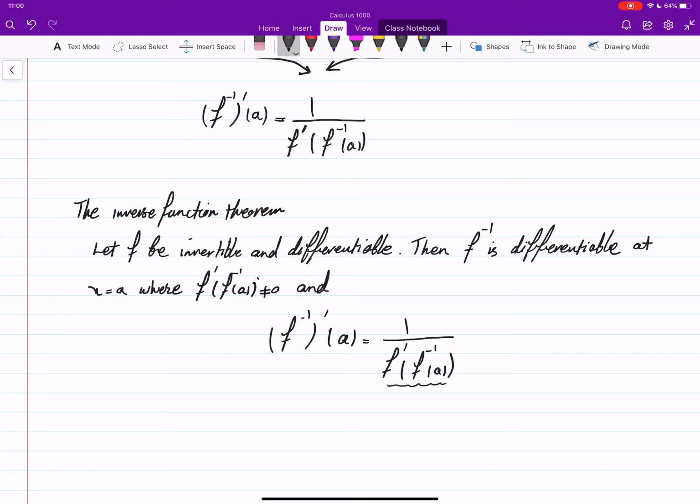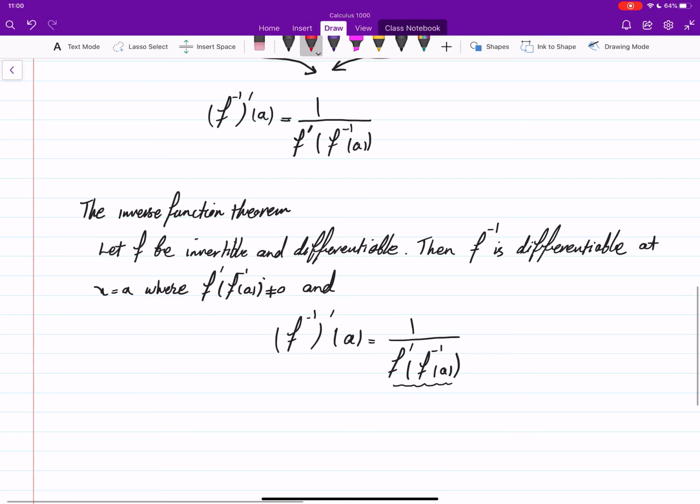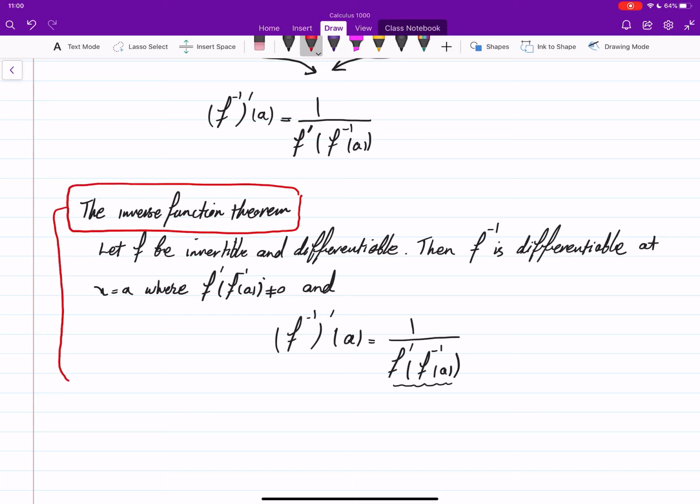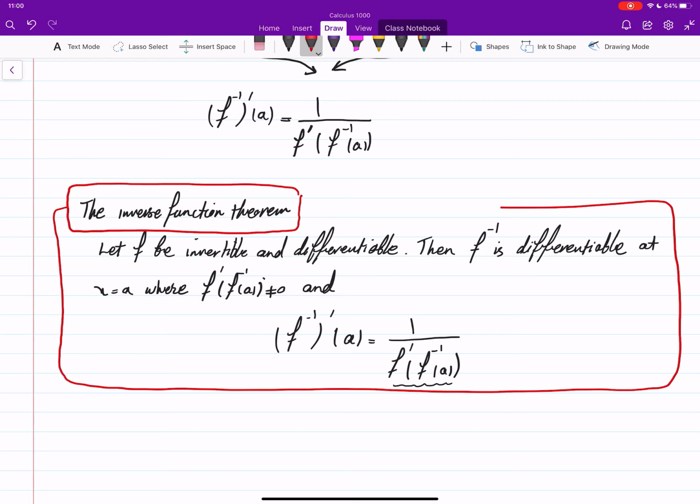If that is non-zero, then the function f inverse is differentiable and the derivative is given by that formula. So this is the inverse function theorem, and we will use that for different things.